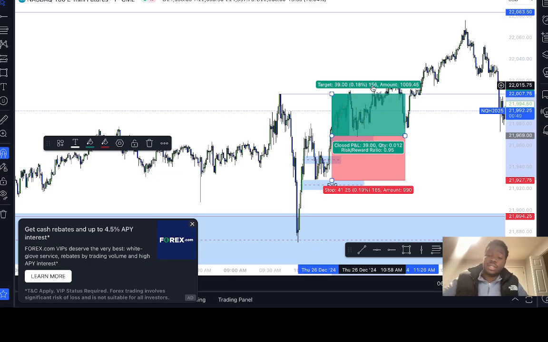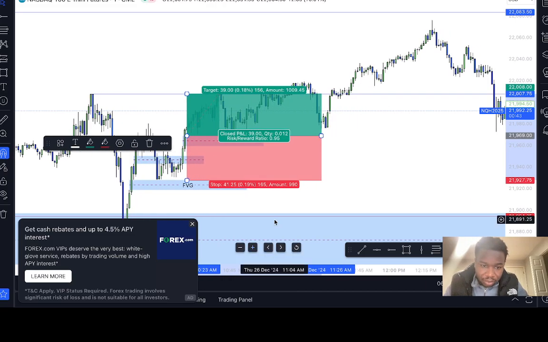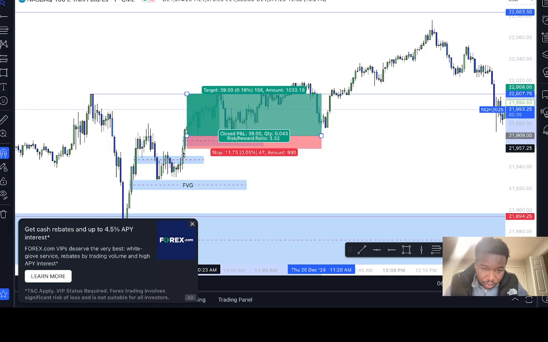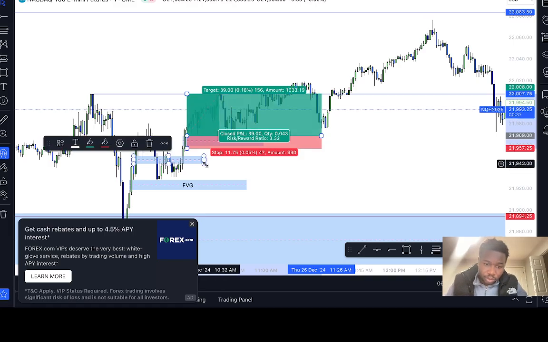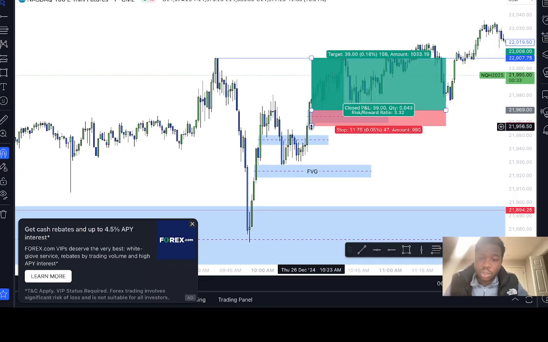But as we can see, 156 ticks. I'm not gonna show you this whole stop loss. Well, actually, maybe I should. This candle's open. It's where my stop loss would be. My stop loss preference is about 40 to 50 ticks.